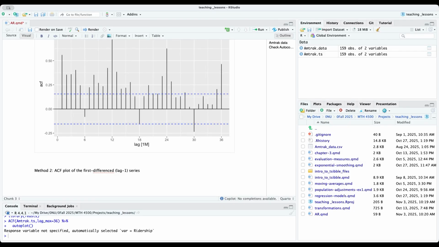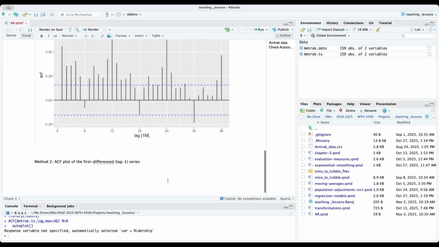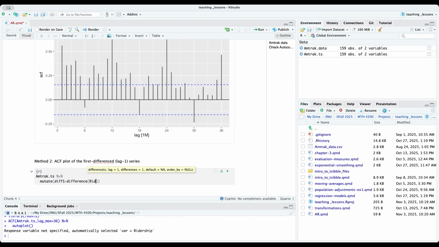Just one difference. After that, we are going to plot the ACF. So what can we do? We can do Amtrak, then mutate diff1, mutate the difference of ridership. So we are going to find the first difference.